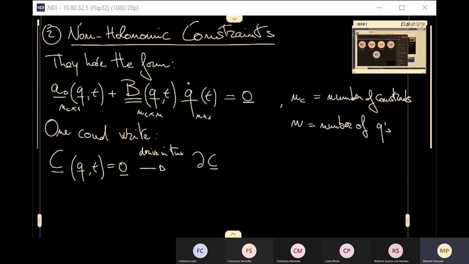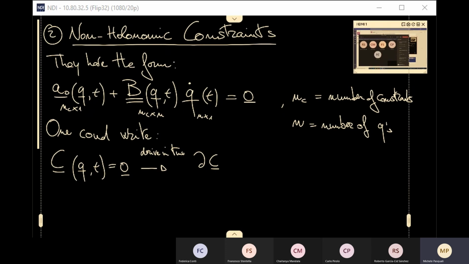Remember that C has a multiple dependence on Q and T, so that's why I'm using here the partial derivative on the Q, and then here I have the derivation of Q with respect to time, and that's a total derivative, plus derivation of C with respect to time. That's the total derivative, equal to 0.